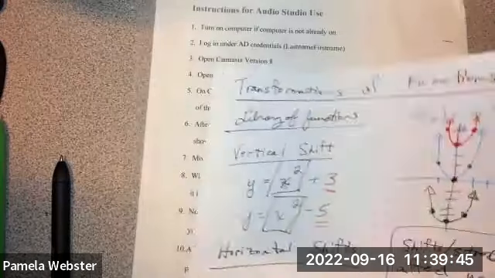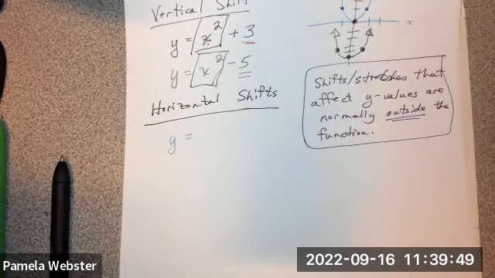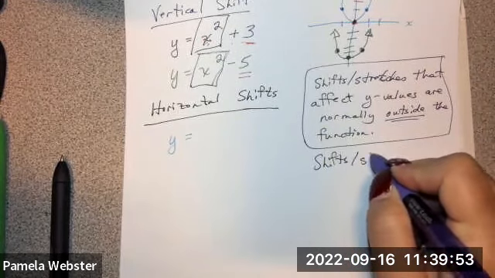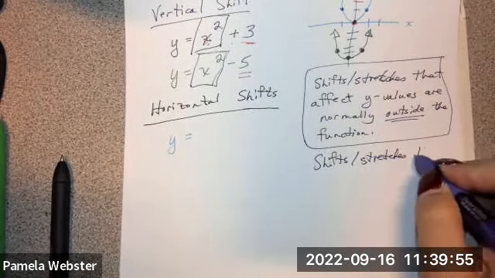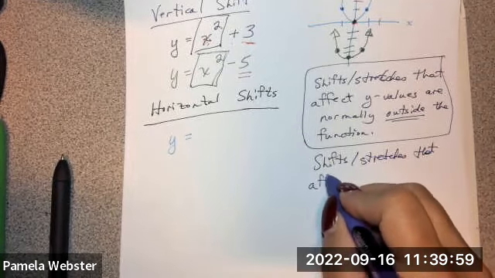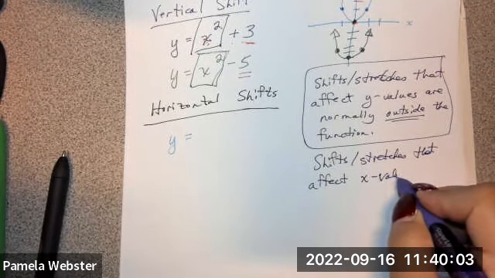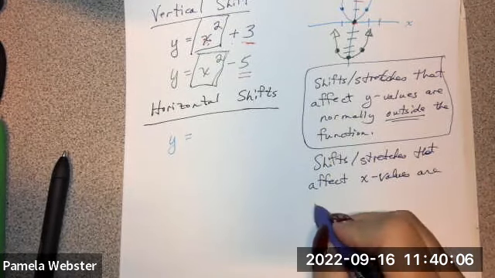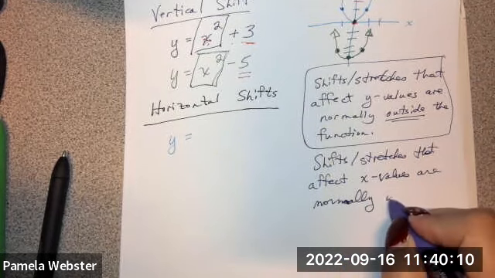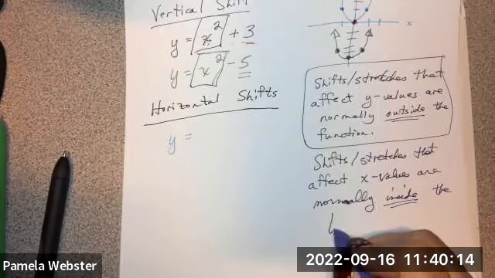Okay, so let me scoot this a little bit so we can put that here. Shifts and stretches that affect my x values, or switching, are normally occurring inside the function.